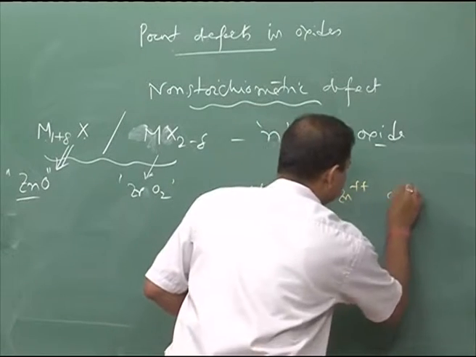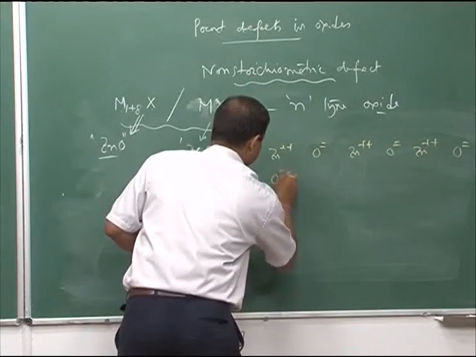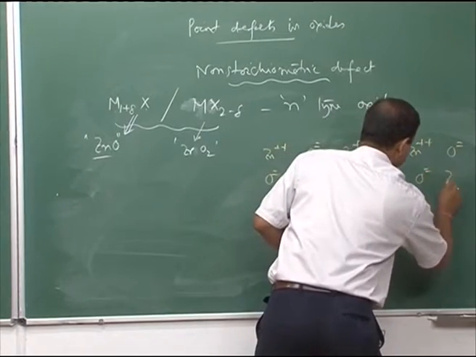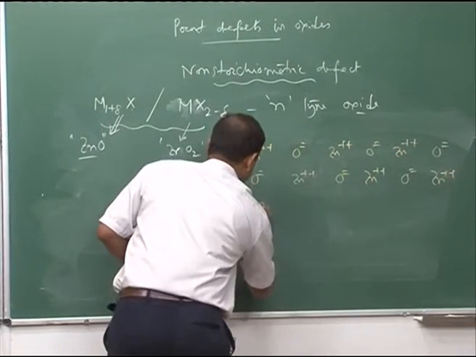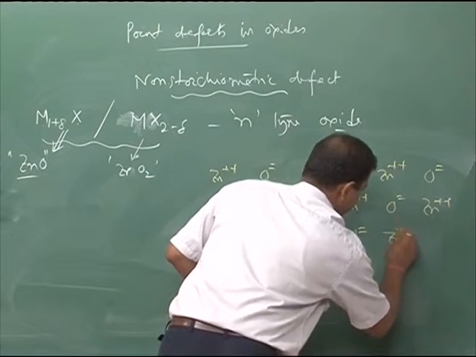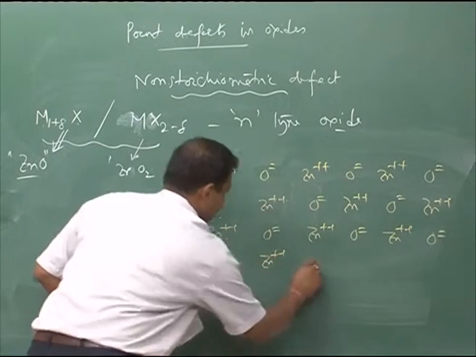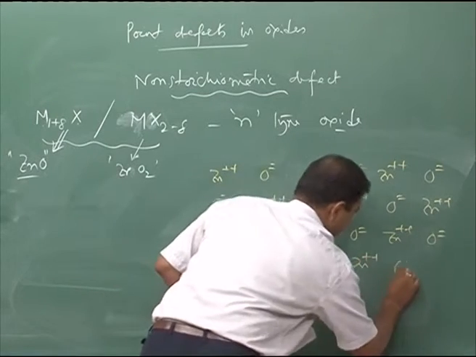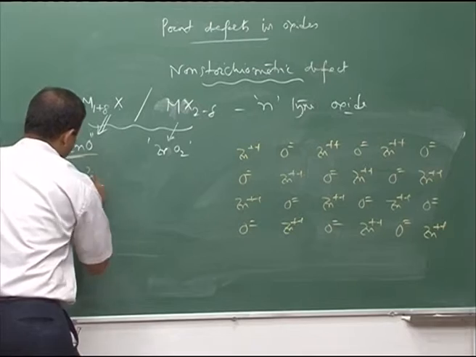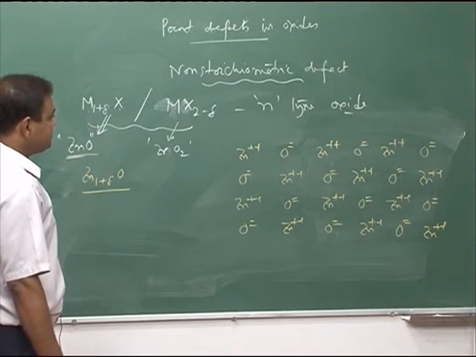Since the common formula would be Zn 1 plus delta O, there would be excess cation.